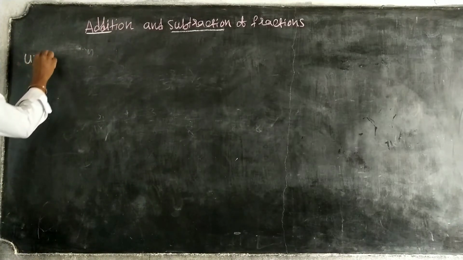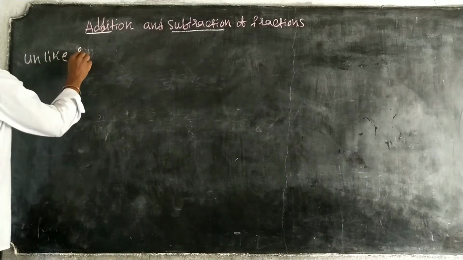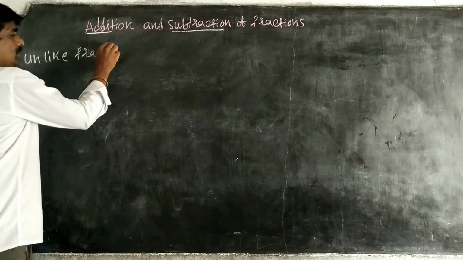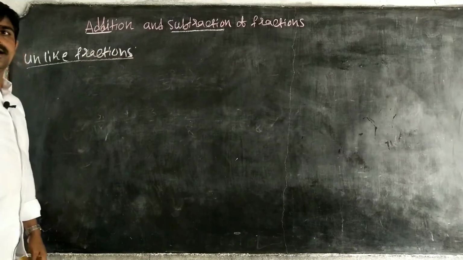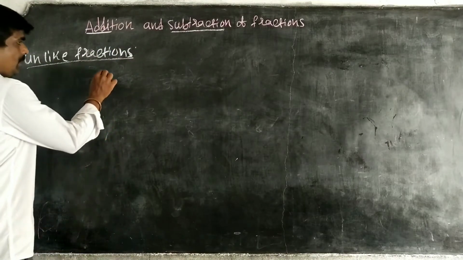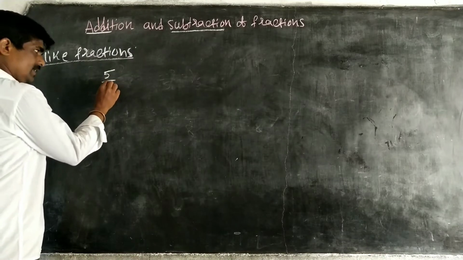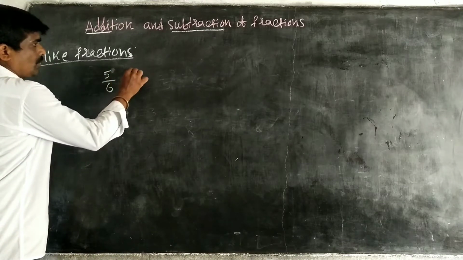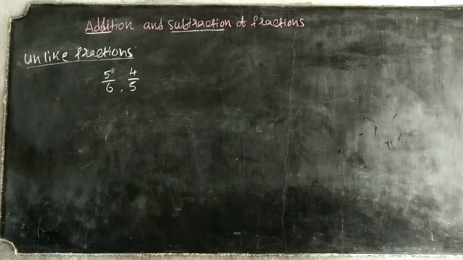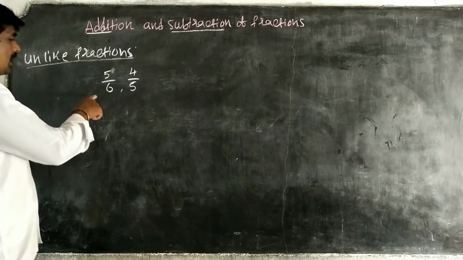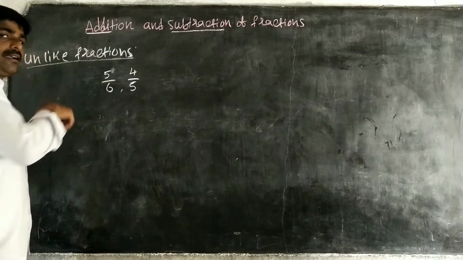Unlike fractions. How do we do unlike fractions? Addition. For example, I take 5 by 6 and 4 by 5. These are two fractions. We do addition because both are unlike, because the denominators are not equal.